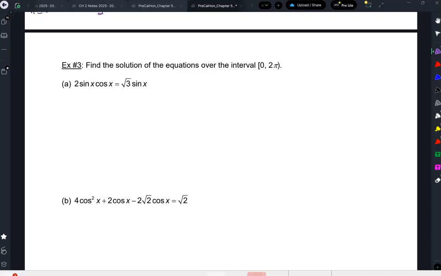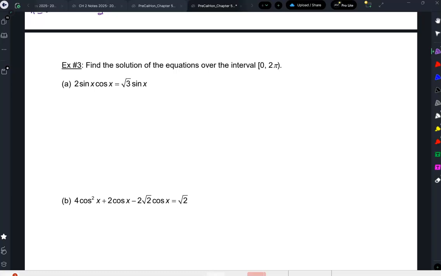Find the solution of the equations over the interval 0 to 2 pi. So now we don't have to do the pi n's anymore. What do you think we should do? Every year, I expect students to say divide by sine x, which seems like the most rational thing to do. However, do not do that.